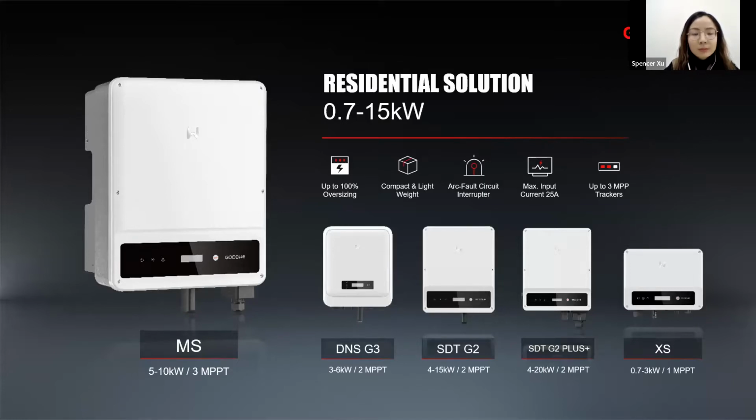Now, let's have an overview of our portfolio. This is our residential family, starting from the XS series, which is the smallest power class, from 700 volt to 3 kilowatt with 1 MPPT. We also have multiple-MPPT inverters, such as the SDT G2 series, which we've upgraded to a new generation, the SDT G2 Plus series, because of the large current trend in the PV industry.